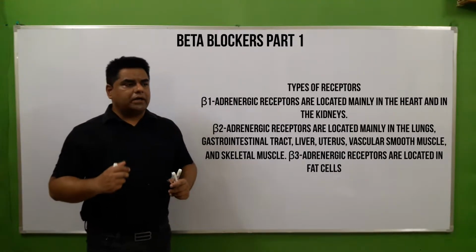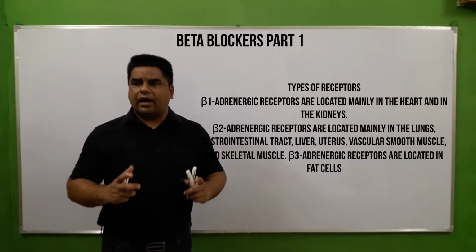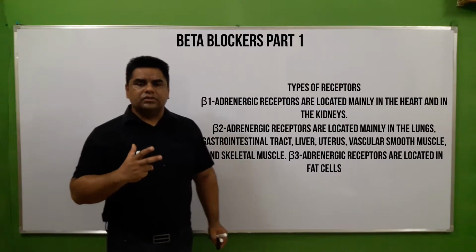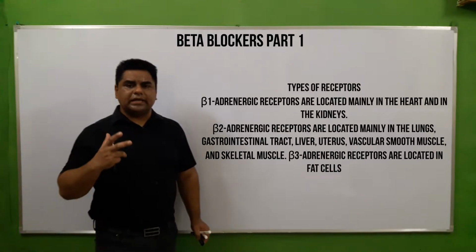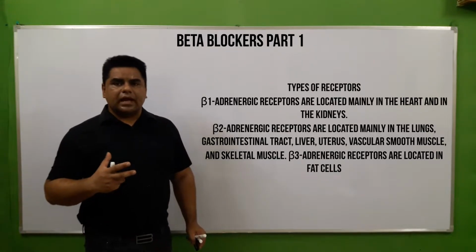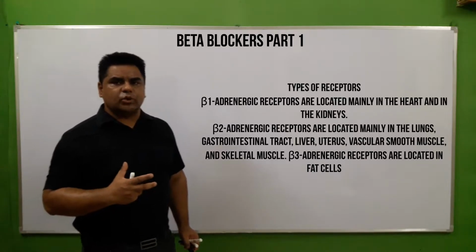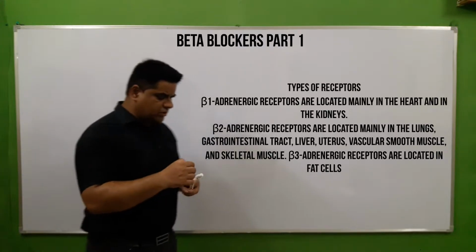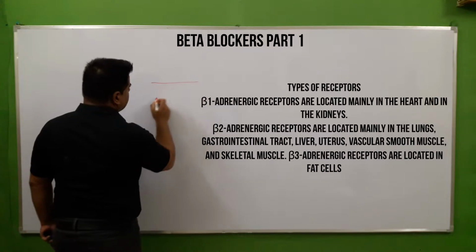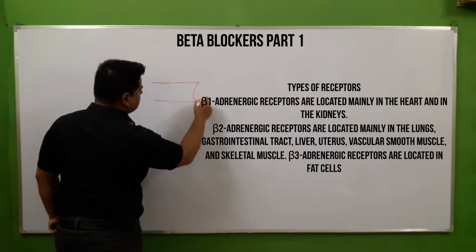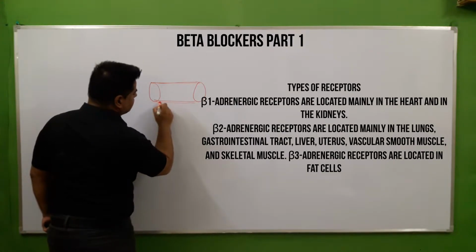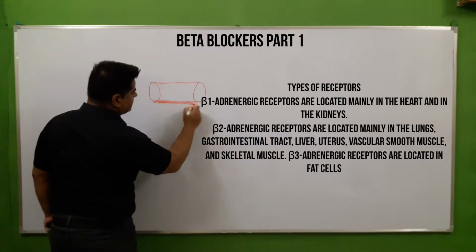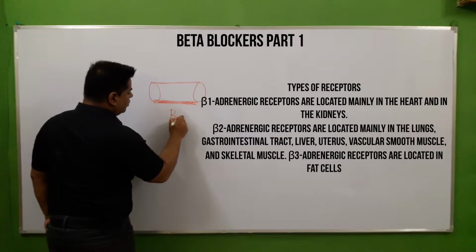Now, where are the beta 2 adrenergic receptors? Note it down: beta 2 receptors are located on the lungs, GI tract, that means gastrointestinal tract, liver and uterus. They are also present on the vascular smooth muscles. Each blood vessel has a middle layer of smooth muscle, or tunica media, and these smooth muscle layers have beta 2 receptors.